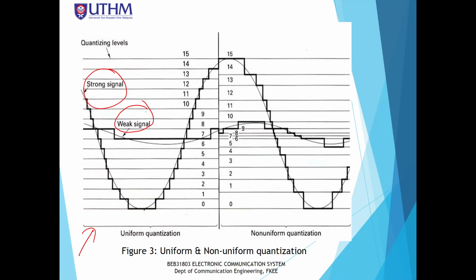Okay, tidak ada masalah. The problem would be in the weak signal. Okay, dalam weak signal, kalau you lihat, signal ini mempunyai amplitude yang kecil. Kalau kita menggunakan step size yang sama untuk quantize signal, you see that we only have two level. Okay, approximately about two level of quantization only.